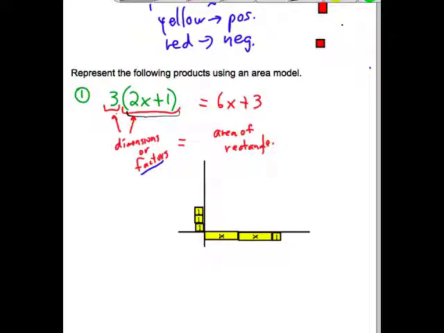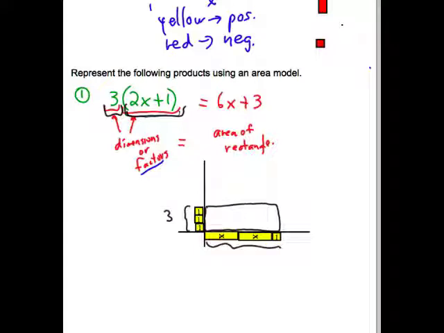Alright, let's use an area model to represent the product of 3 and 2x plus 1. So I'm going to create a rectangle in which my length and width are 3 units by 2x plus 1 units.